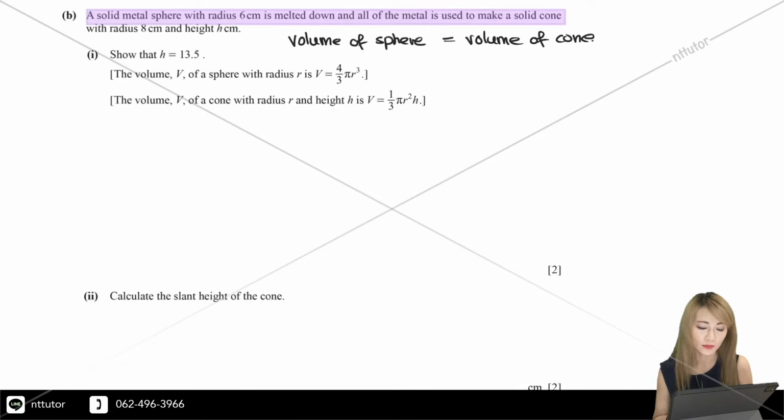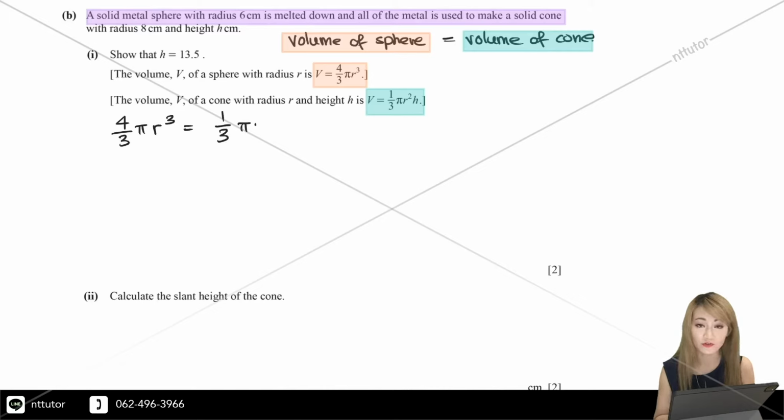And we are given the formula for the volume of a sphere and the volume of a cone from the question. This means that those two must be equal, right? 4 over 3 pi r cubed for the sphere must equal 1 over 3 pi r squared h for the cone.